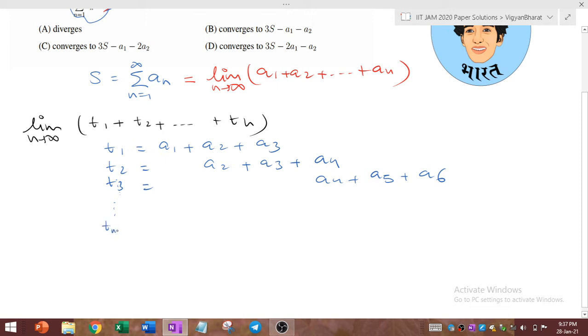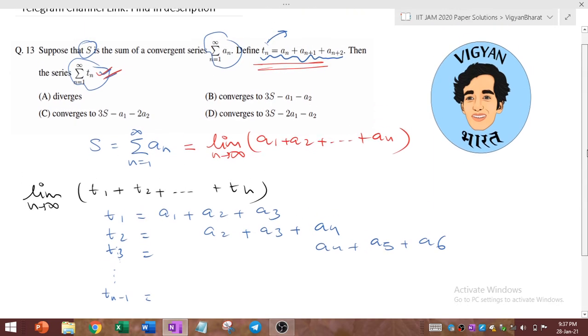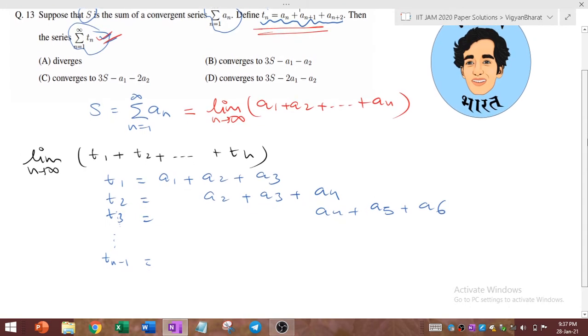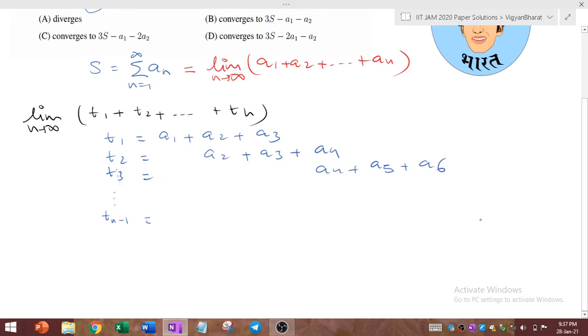Likewise, Tn minus 1 will be obtained by replacing n by n minus 1 in this expression, so it will be A(n minus 1) plus A(n) plus A(n plus 1). Tn will be A(n plus 1) plus A(n plus 2).